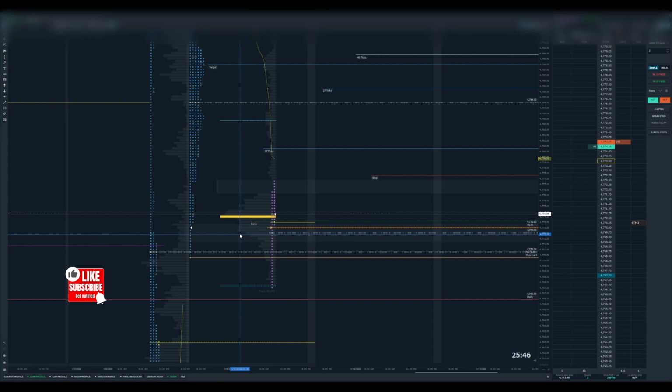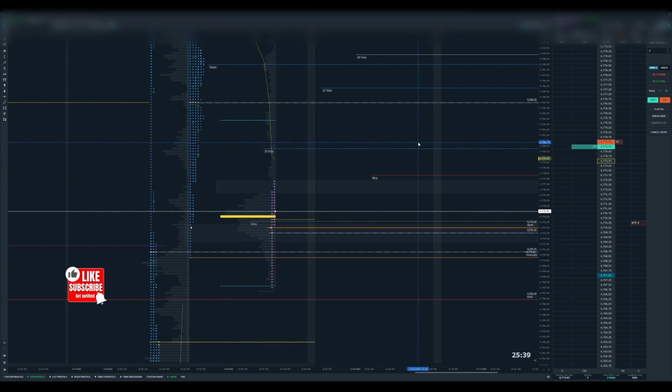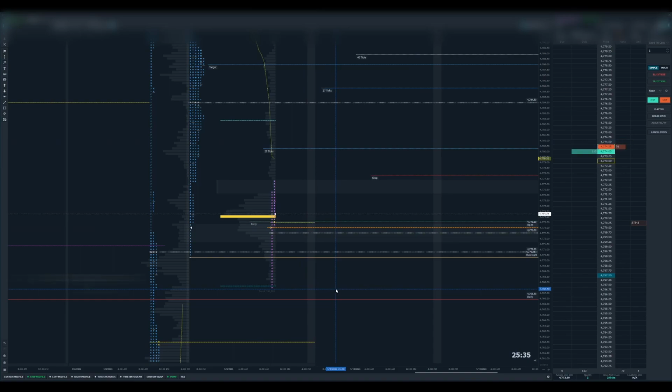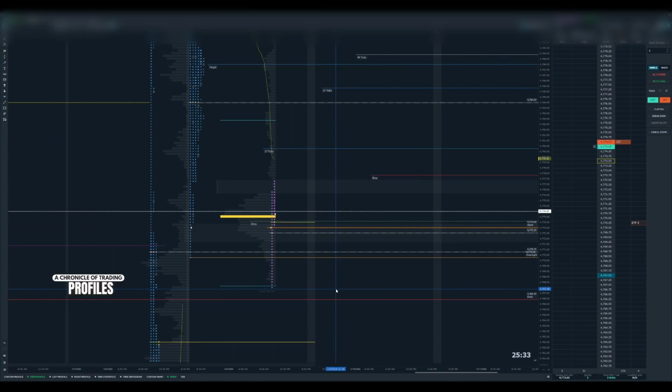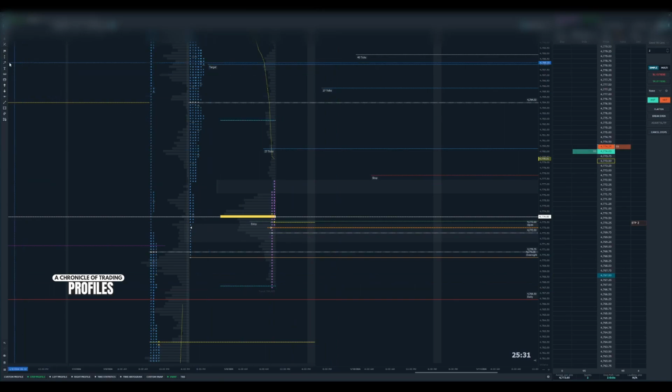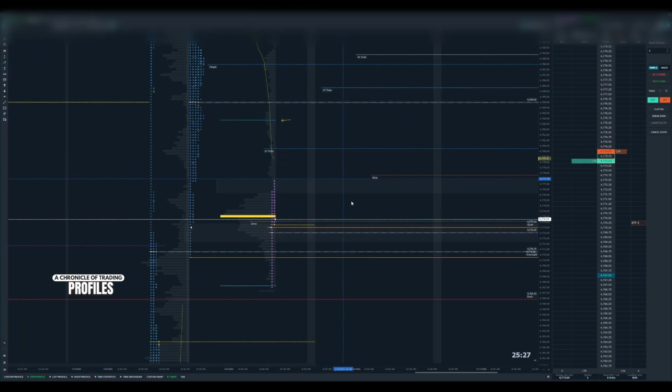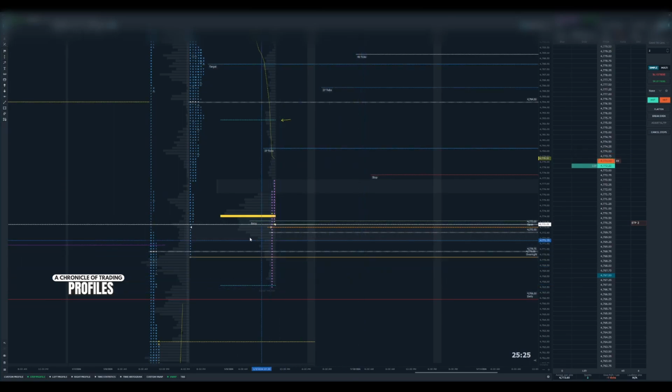Here, I'm still waiting to see if I can get this second set in. Looking at the volume area high to see where that's at.